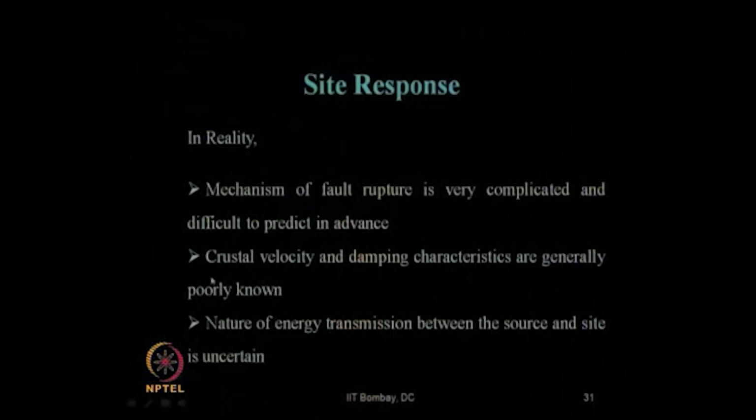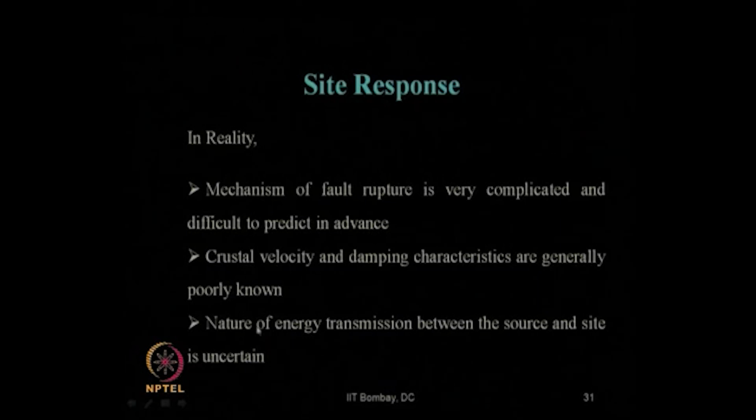Similarly, for shear wave we mentioned it is typically 3 kilometer per second, but it can also vary in the range of 2.5 to 3.5. So, the exact value of crustal velocity is also not known in many cases or poorly known. So, you can see here the problems arising in reality when we are starting our site response.